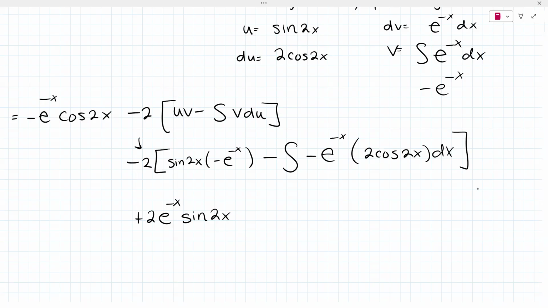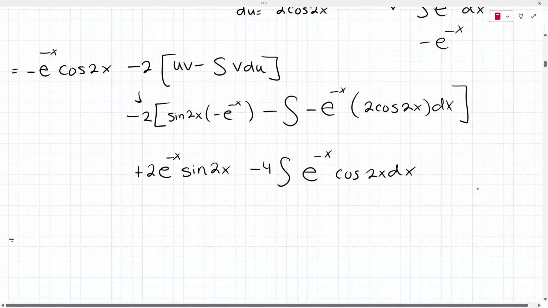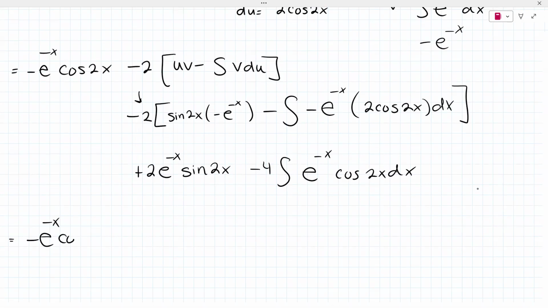So that's going to be negative 4, and then it's going to be e to the negative x cosine of 2x dx. So clean it up a bit. So this is going to be negative e to the negative x cosine of 2x plus 2e to the negative x sine of 2x minus 4.